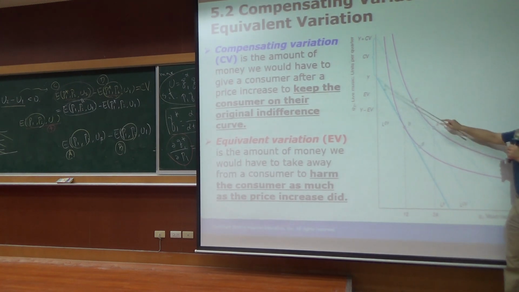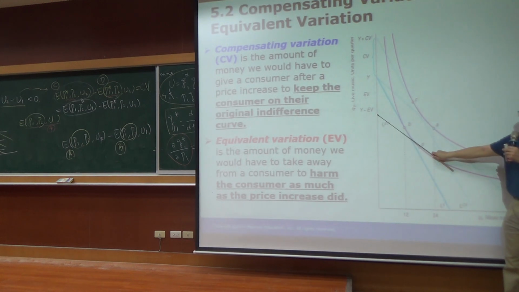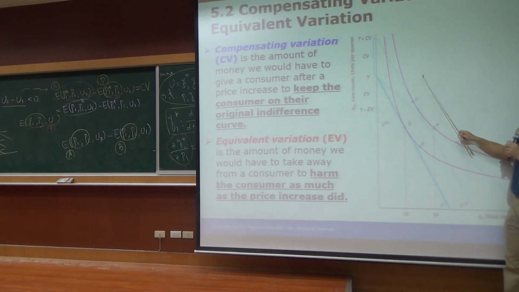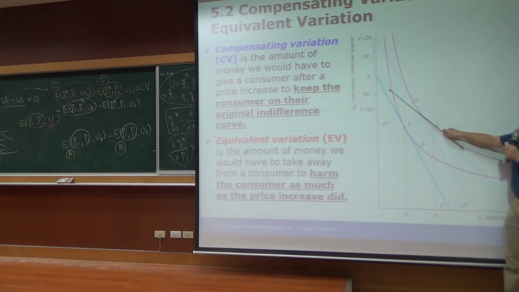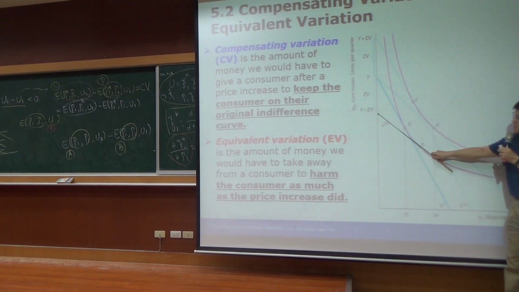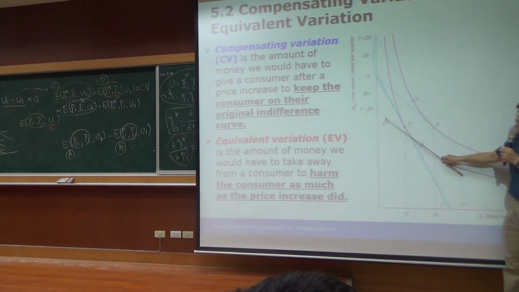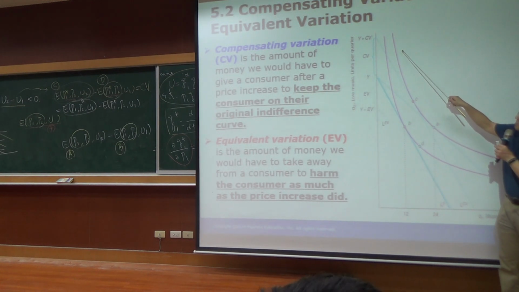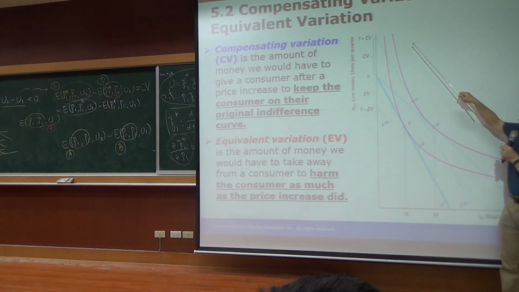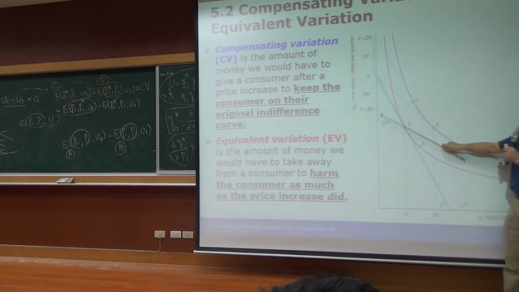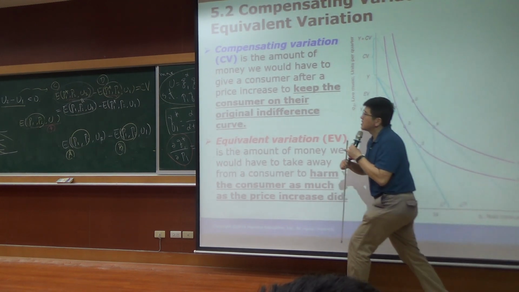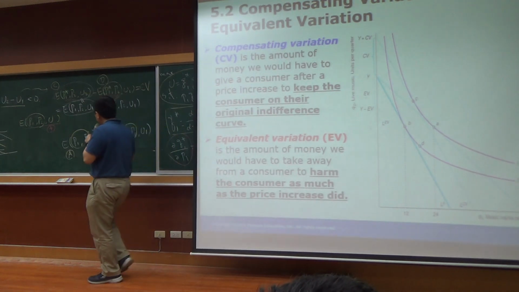So EV is something we need to take away from the consumer so that he or she would feel the same as the price change. Because after the price change, his utility level reduced from this one to this one. Okay? So we use the original price to measure this. And we call this EV.